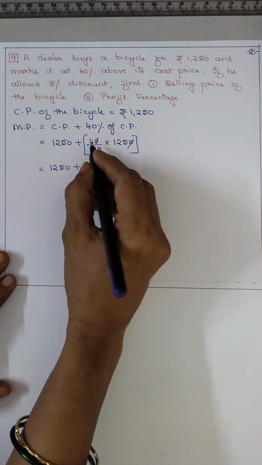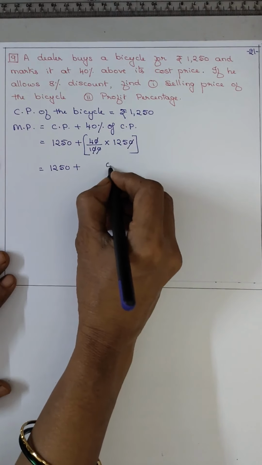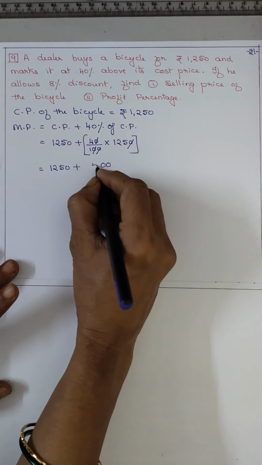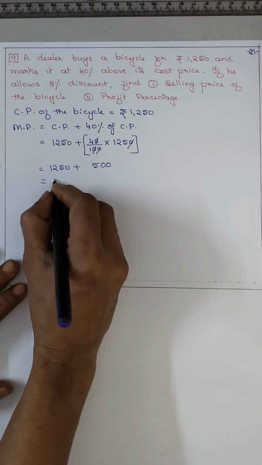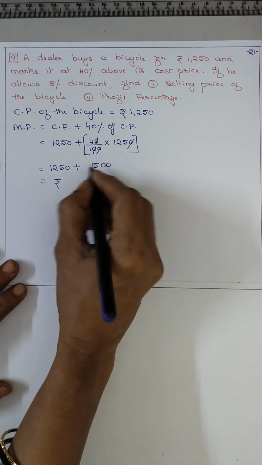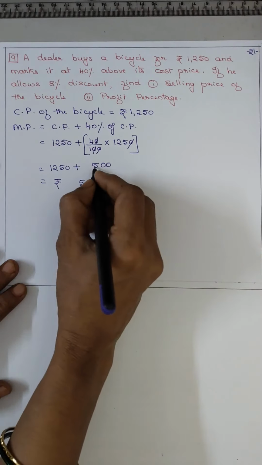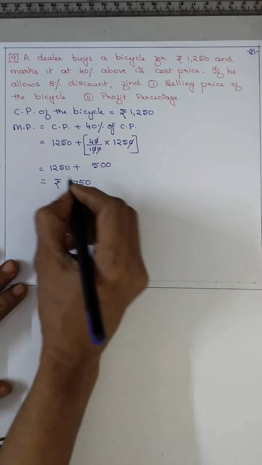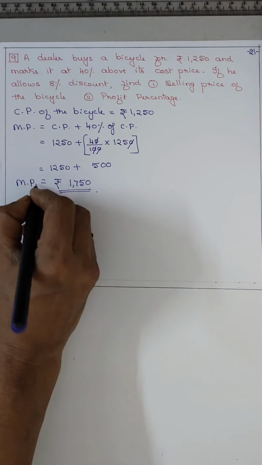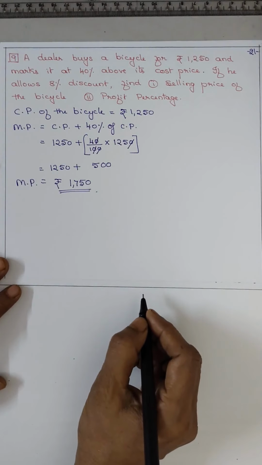Now 4 5s are 20, 4 2s are 8, 9, 10, 4 1s are 4, 5. So you got rupees 0, 0 plus 5, 5, 5 plus 2, 7, and 1. This MP is 1750.